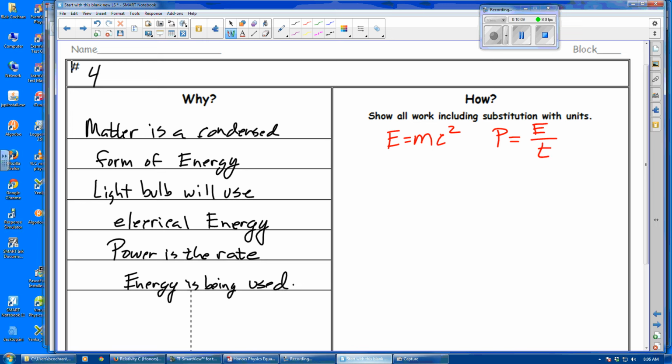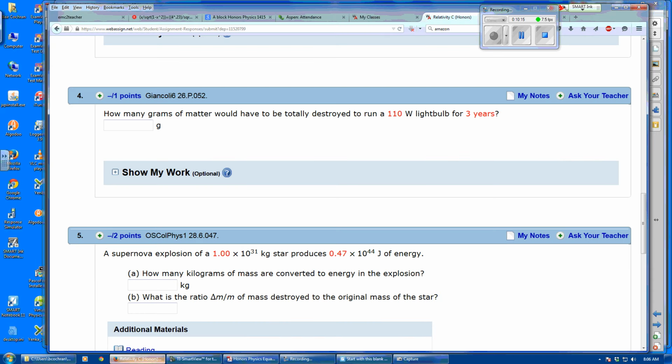All right. And so I am told that this bulb has a power of 110 watts, which is 110 joules every second. I'm told the time we're looking at is 3 years. So I can either change from my joules per second, my watts, to joules per year, or change my years to seconds.